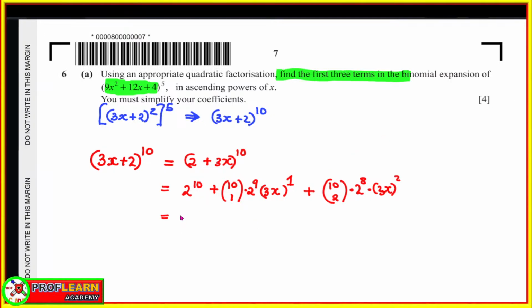So this is going to be 2 raised to power 10, which is 1024, then plus 15,360.